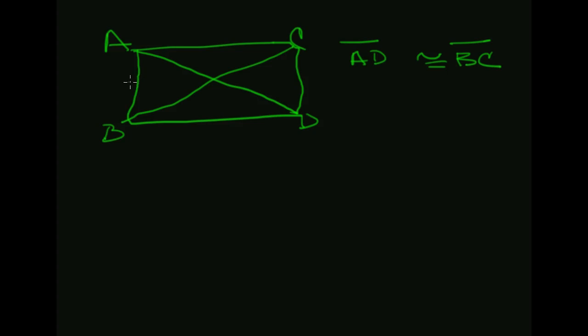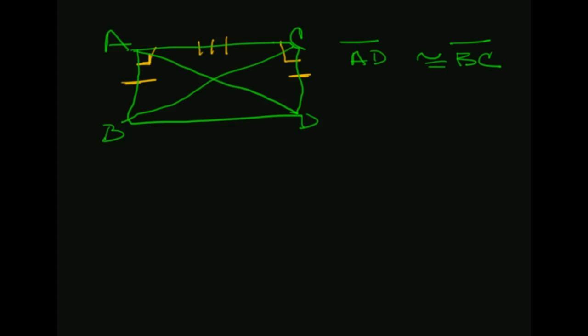Because it's a parallelogram, AB and CD have to be congruent. The opposite sides have to be congruent. Because it's a rectangle, that has to be a right angle, and so does that, which means those angles are also congruent. And then finally, AC is congruent to itself.